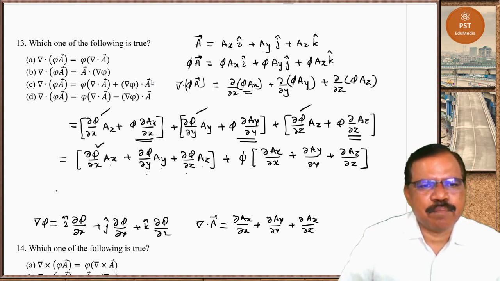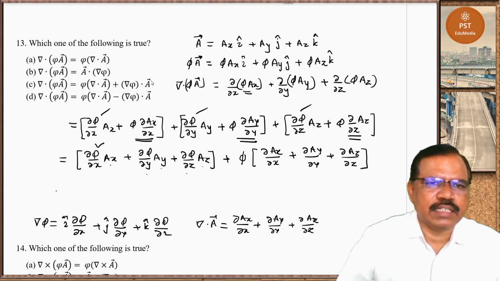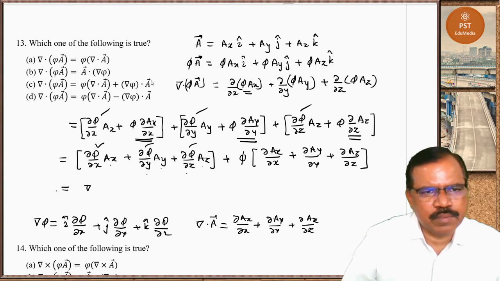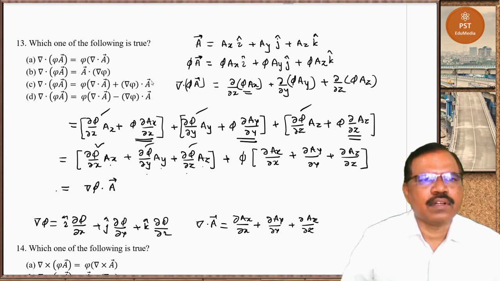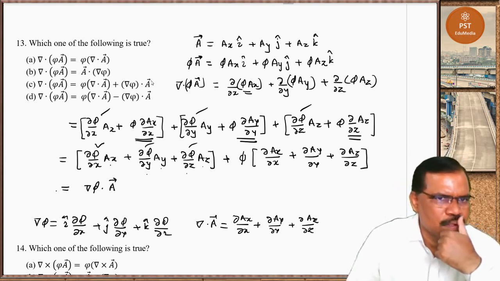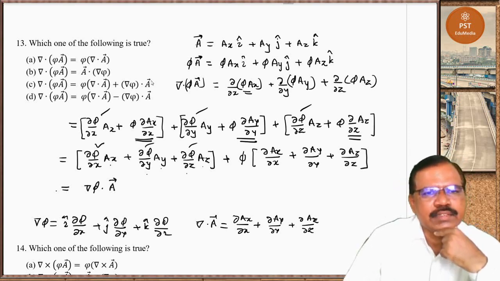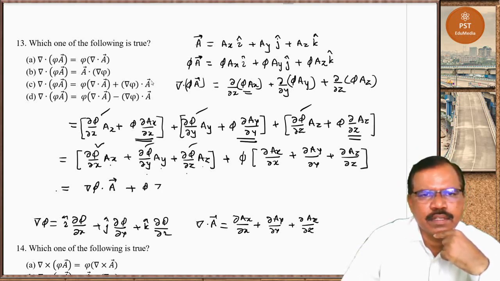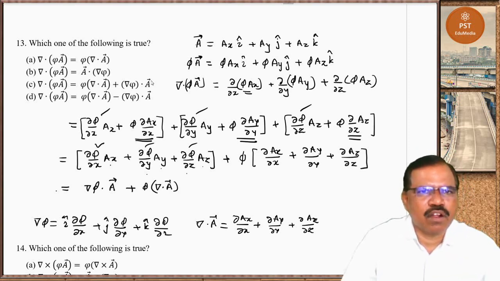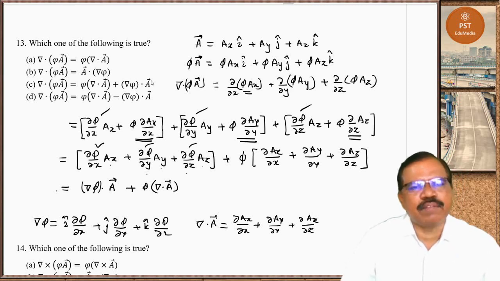Similarly, j ∂phi/∂y dot a_y j, you will get this, and so on further. So this first bracket will be del phi dot a, and the second term is phi into del dot a.